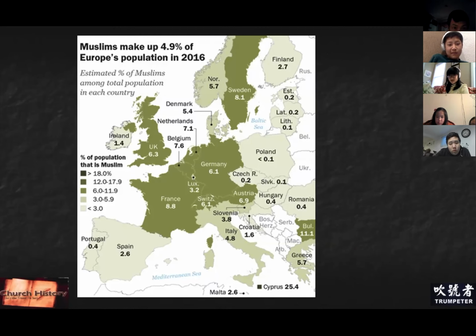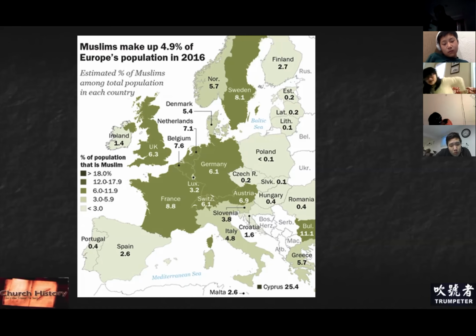I just want to point out that today, they don't need to use physical fighting. The Muslim population in Europe: in France today, already 8.8% Muslim. Germany 6.1, UK 6.3, Sweden 8.1. So that's something we need to pay attention to.